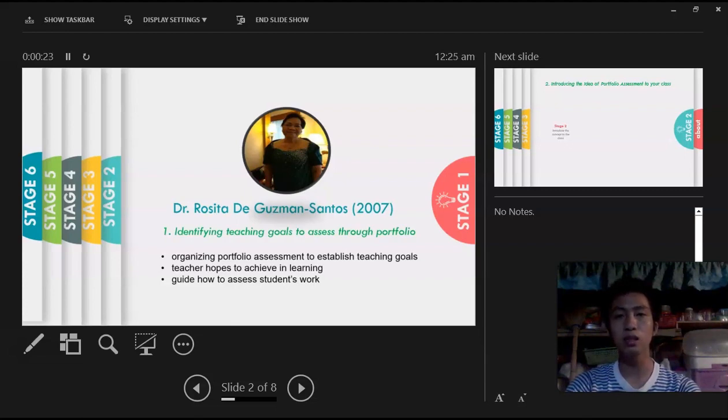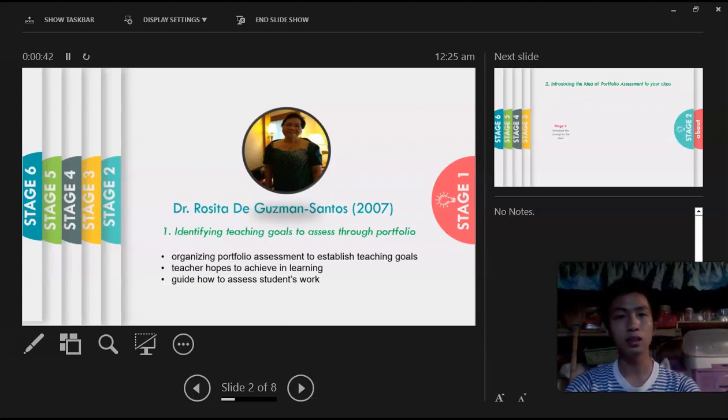So the important thing to do in organizing portfolio assessment is to decide what teaching goals you have. To do this, ask yourself as a teacher or as a future teacher kung ano nga ba ang gusto kong matutunan sa aking mga estudyante.